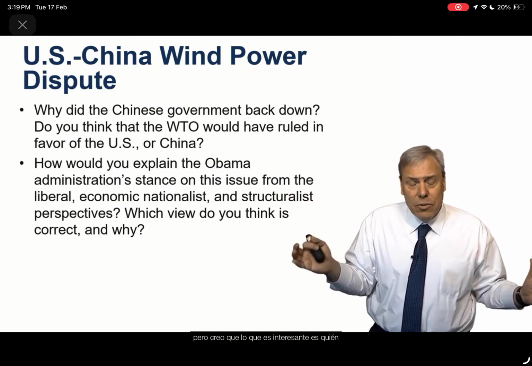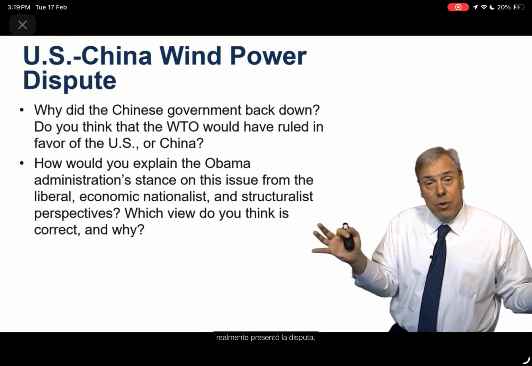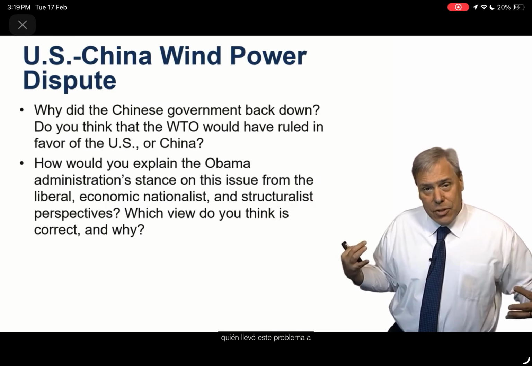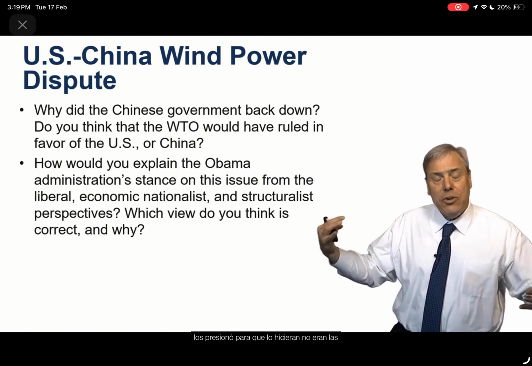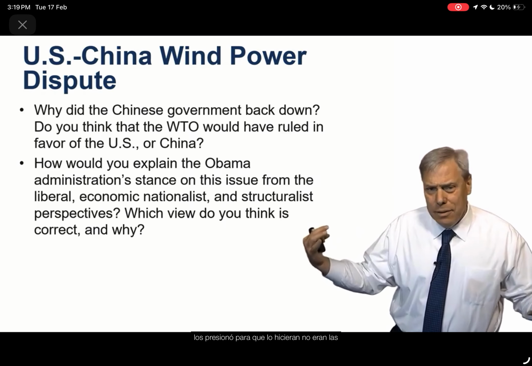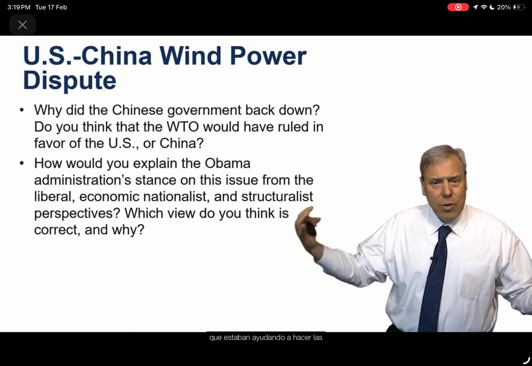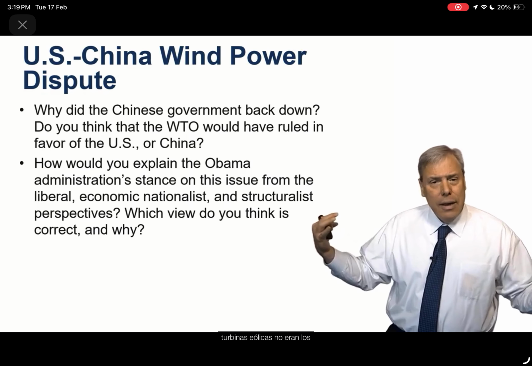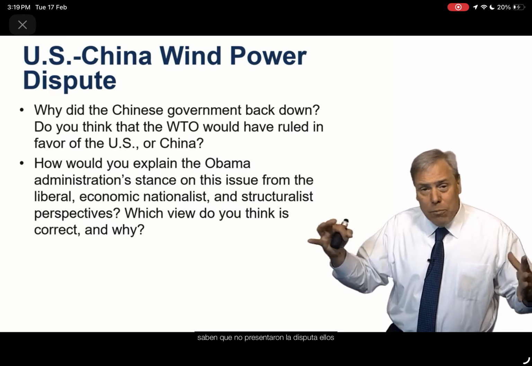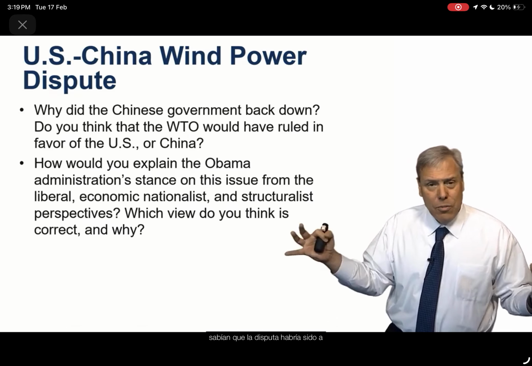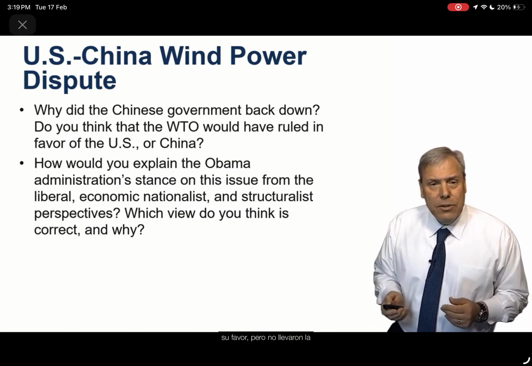But I think what is interesting is who actually brought the dispute forward, who brought this issue to the attention of the U.S. authorities, pressured them to do it. It wasn't the steel companies in the United States that were helping to make the wind turbines. It wasn't the wind turbine manufacturers themselves. They knew the dispute would have been in their favor, but they didn't bring the dispute.